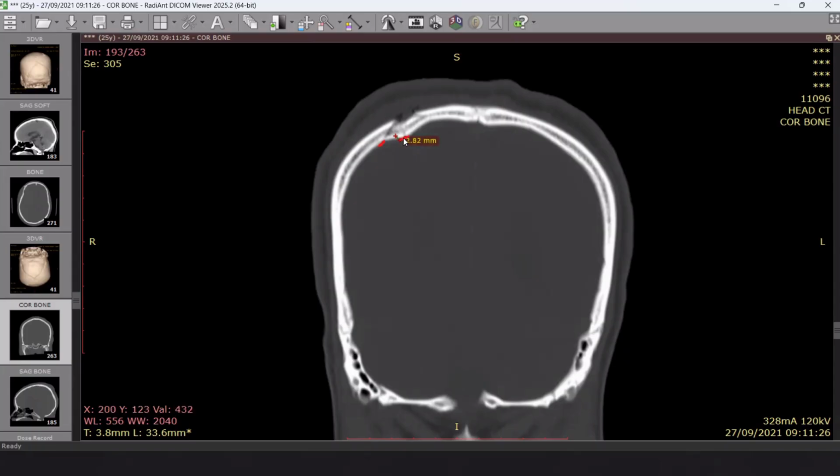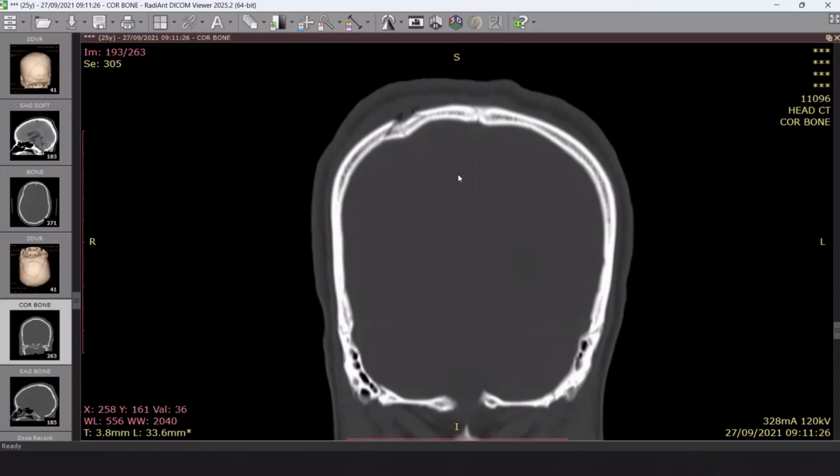So we have here a depressed bone fracture involving the right high parietal calvarial bone, and we have underlying subarachnoid hemorrhage. I would also like to add something very important. We should measure the degree of the depression between the inner table to the inner table of the depressed bone fragment.